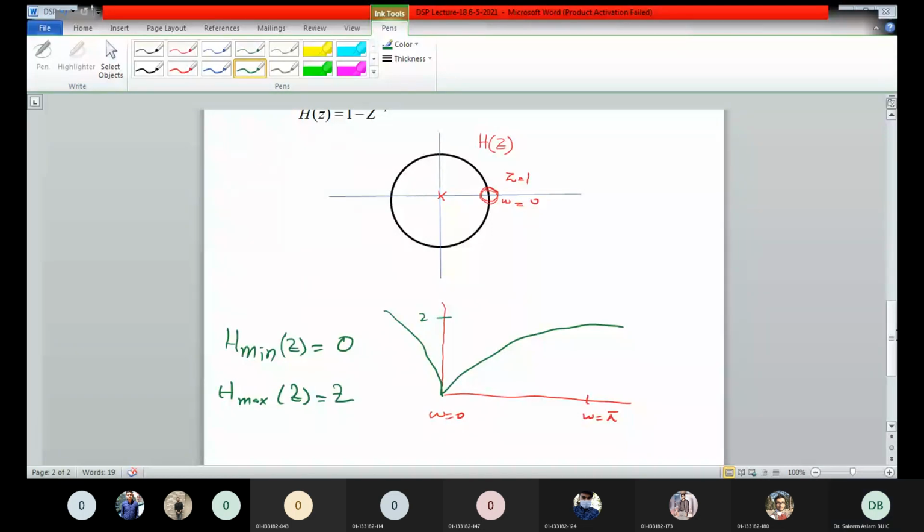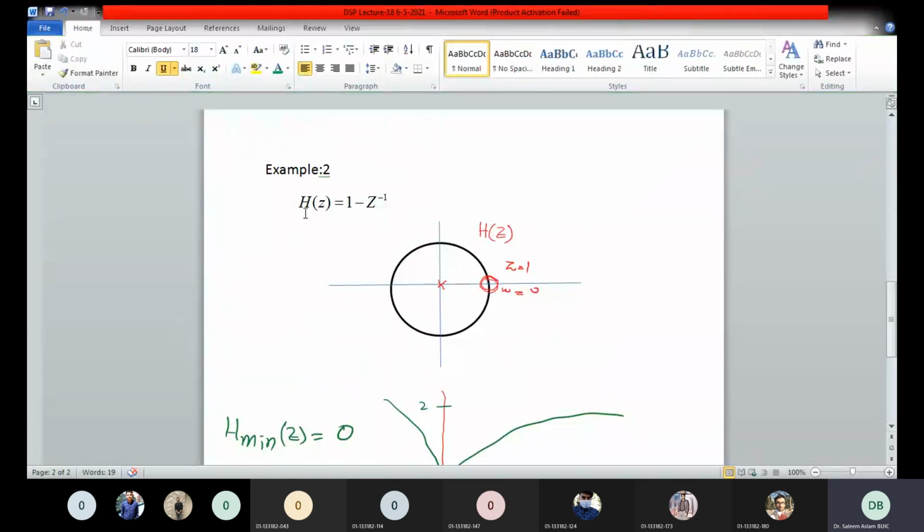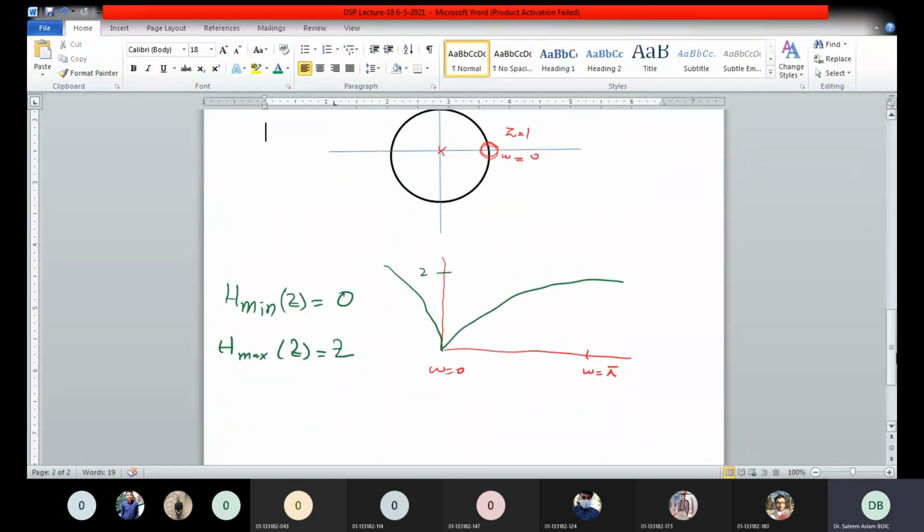Let me take example number 3, in which we bring the pole into the complex domain and try to find its response.